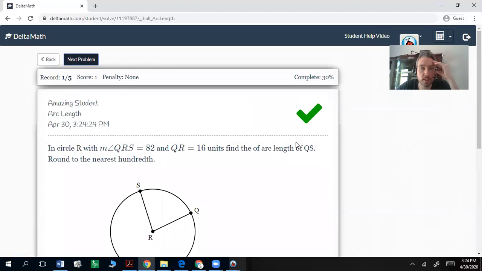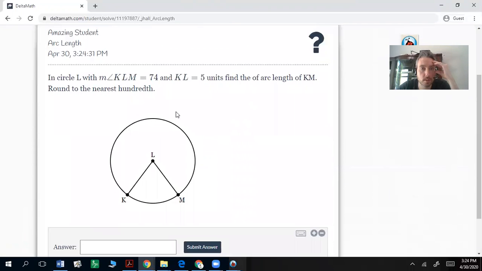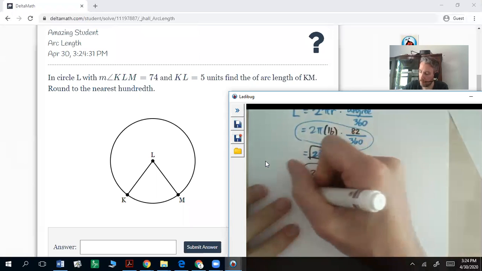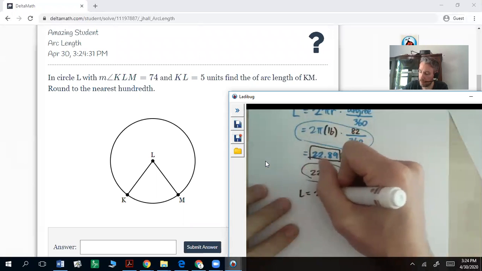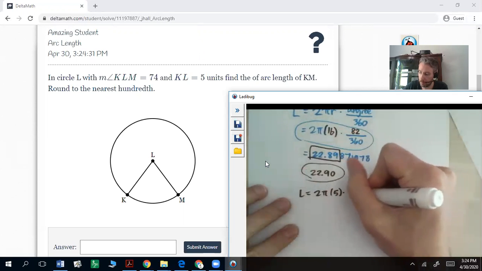But yeah, that's this skill. Let's do one more of those. 74 is your angle, 5 is your radius. So 2 pi times 5 times 74 over 360.